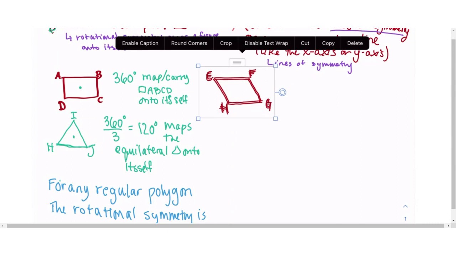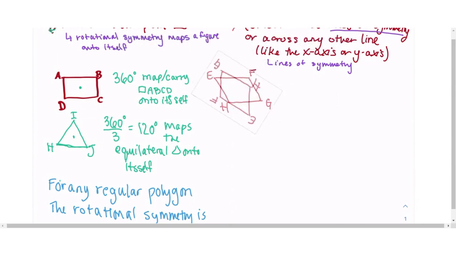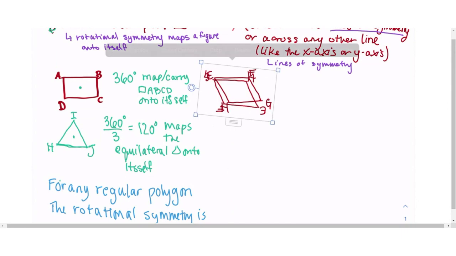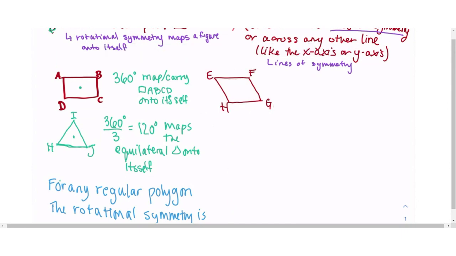Okay, pretend like I lined it up, and then rotate it. It would be the same shape if I rotated it. Instead of 360, I could rotate it 180. So let me delete that because it's really confusing, but then write this in here.